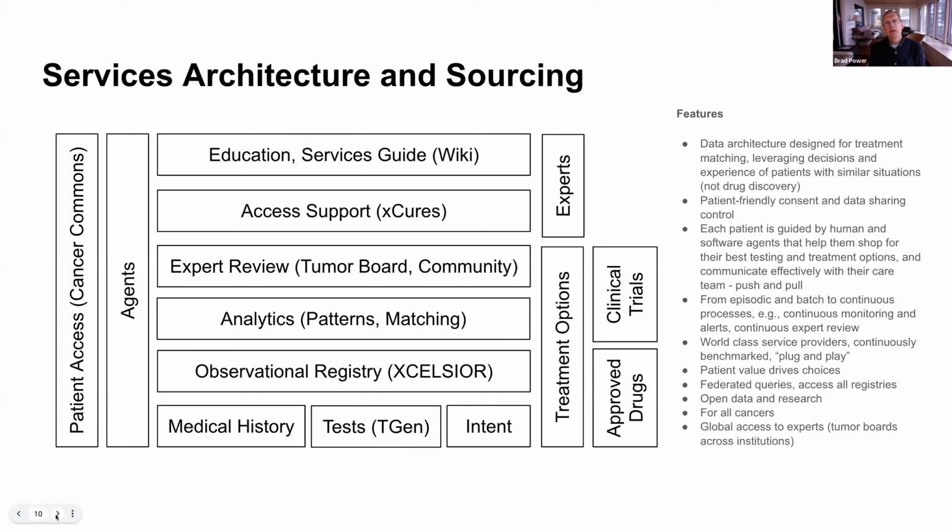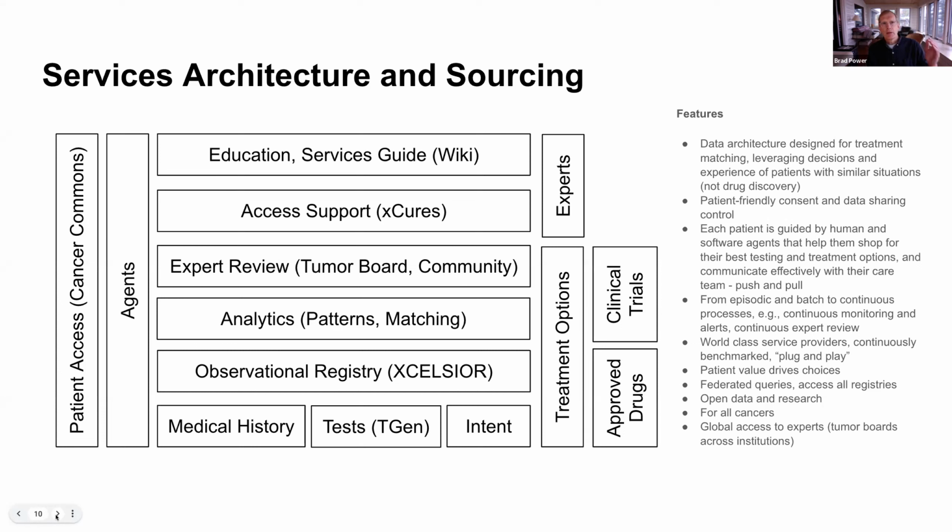This is another perspective, like an internal look. What are the services that we provide? Again, I won't spend much time on this one, but you have patients coming in on the left. You have agents, both human and eventually AI, onboarding them.